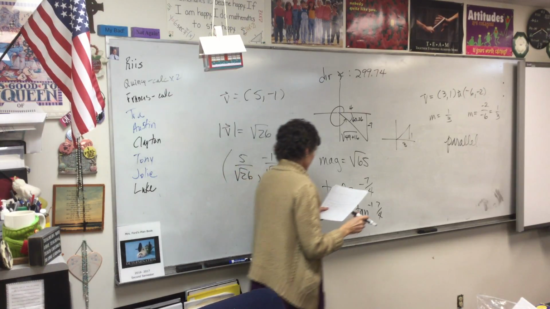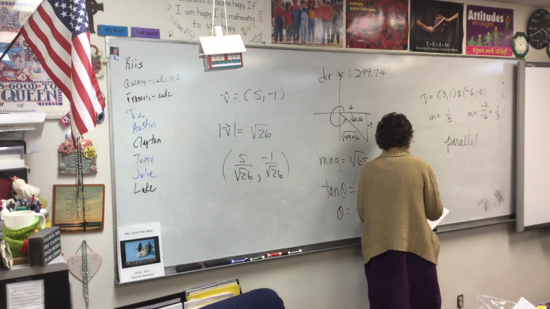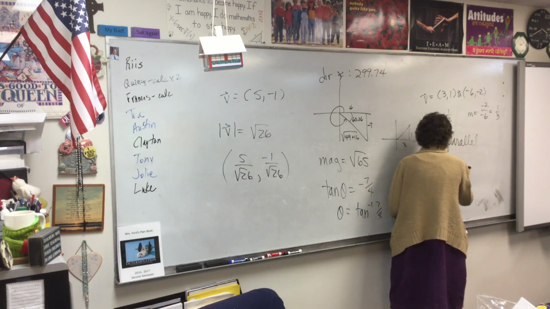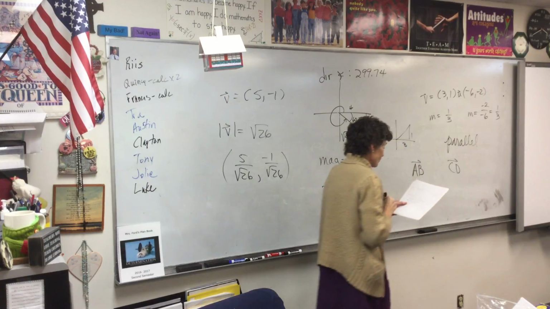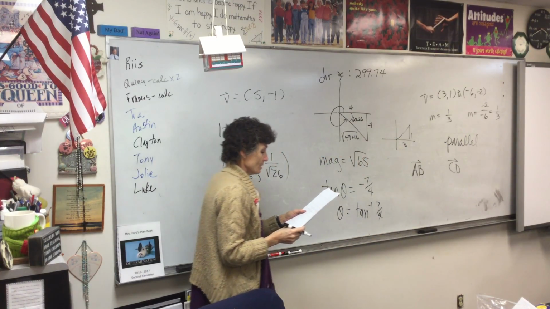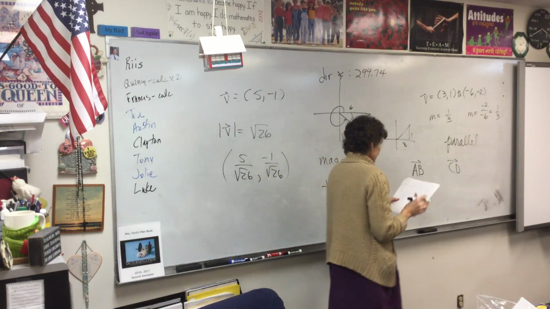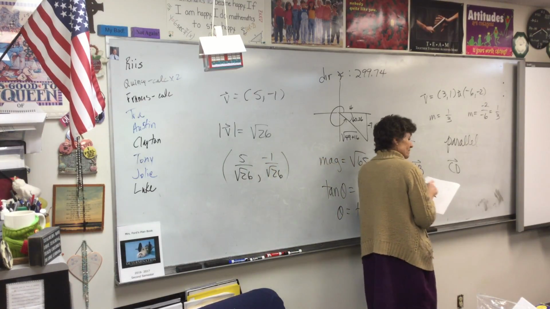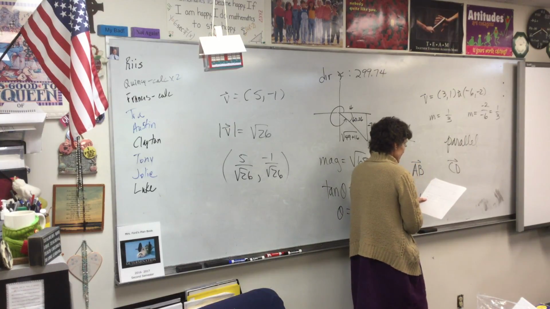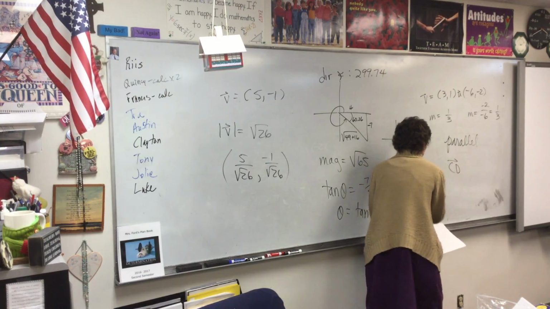And number 12, is AB equal to CD? Well, you can't tell until you figure out what AB and CD are. So AB is the vector from A to B. So what are the coordinates from A to B? 3, 4. Perfect.